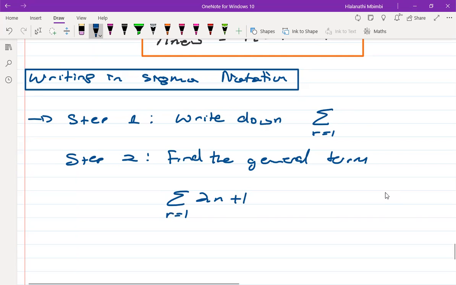Because when someone wants to know the first term, they're going to want to substitute r in your general term. If you have a different variable there, they will think that 2n plus 1 is a constant and r does not influence it. So you will rather write this as the sum of r is equal to 1 to n of 2r plus 1. So this one is incorrect.